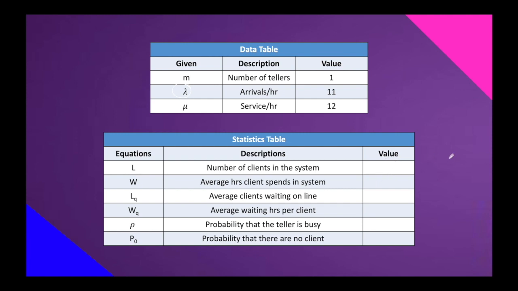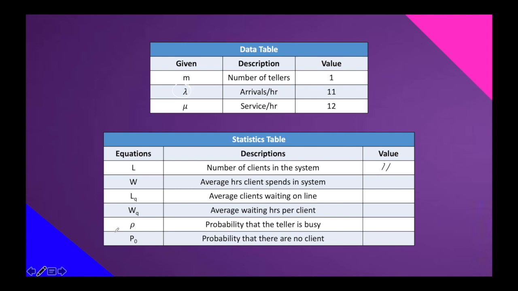Let's write 11, and let me use my black pen so we can write it. So we're done with the first one, the number of clients in the system, which is 11.